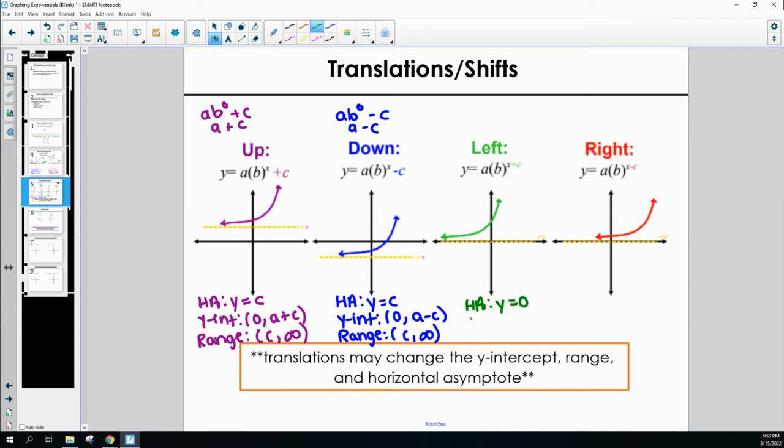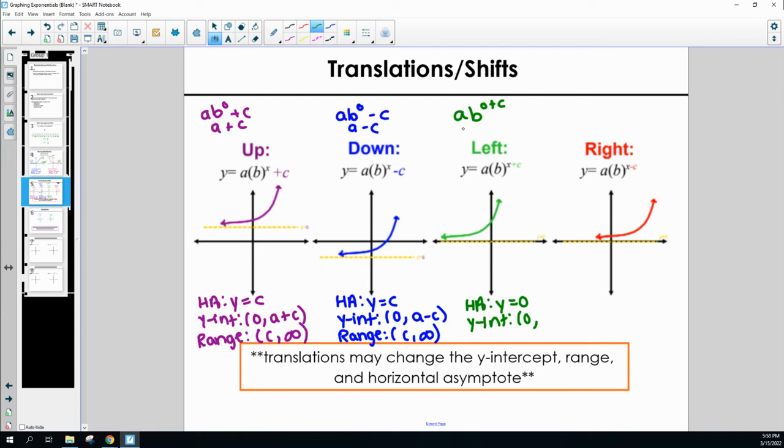It did not move. The y-intercept, again, we're going to figure it out by plugging in 0. So a times b to the 0 plus c. So now that I'm adding c to 0, instead of having b to 0 like I did in these other cases here, I have b to the c, because 0 plus c is c.